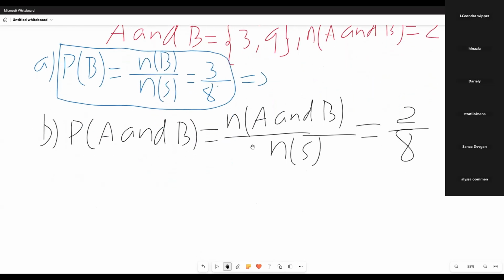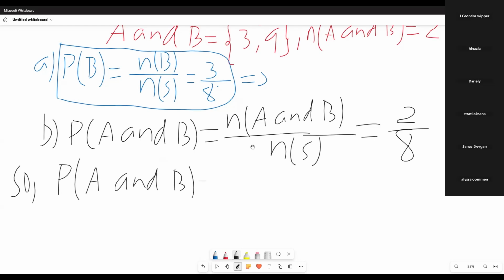Simplify. So P of A and B equals 1 over 4.